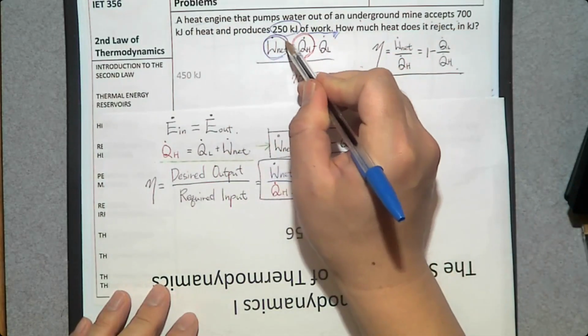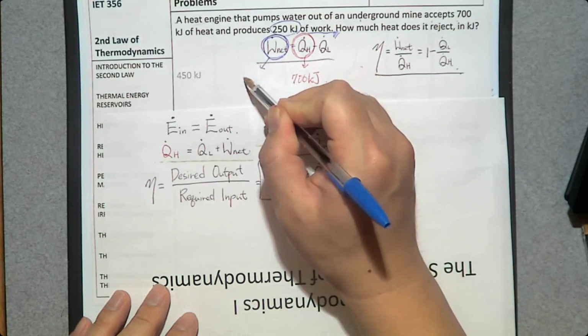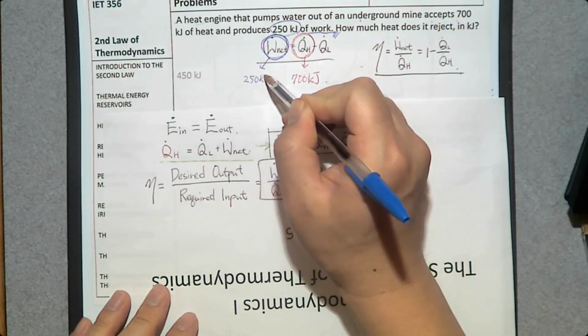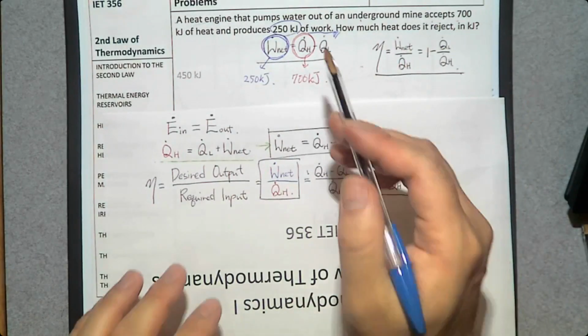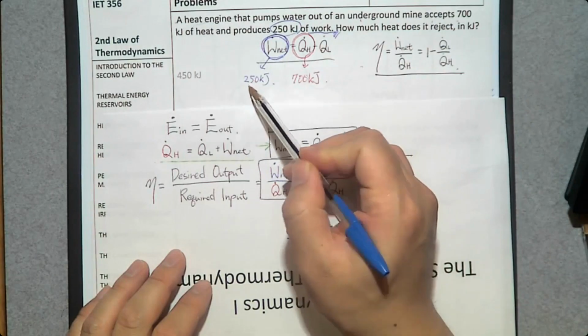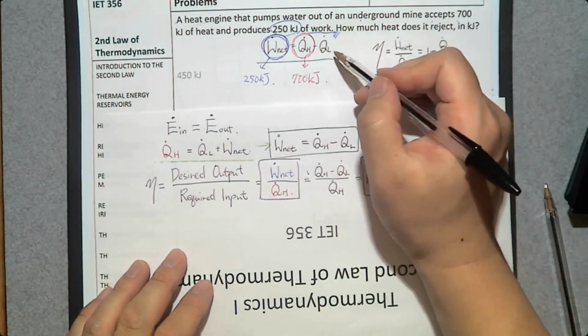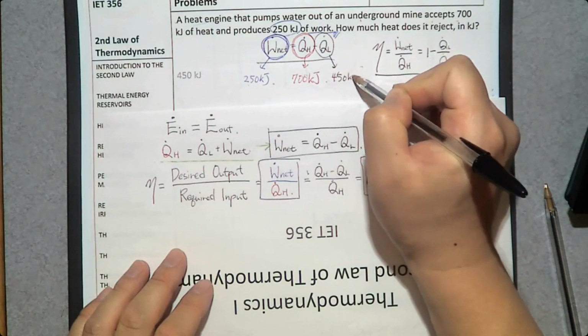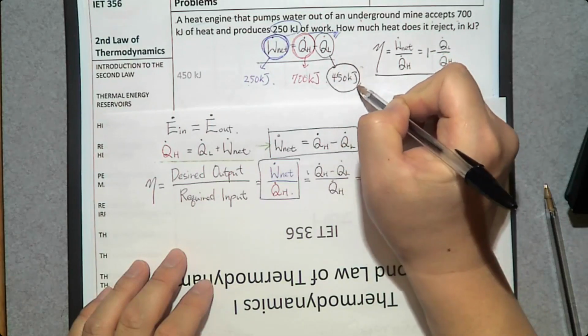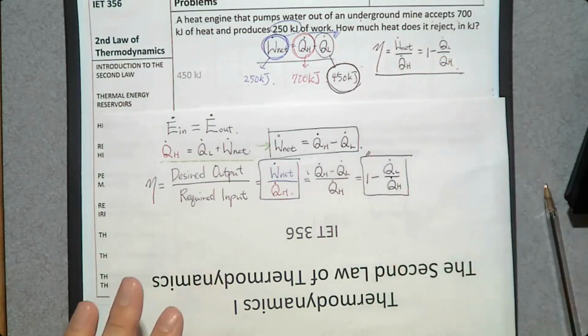So the net work produced is going to be 250 kilojoule. Then how much heat does it reject? 700 minus 250 is going to be 450 kilojoule. So this is the heat transfer to the cooling system in the condenser. That's it. Is it hard? Not really.